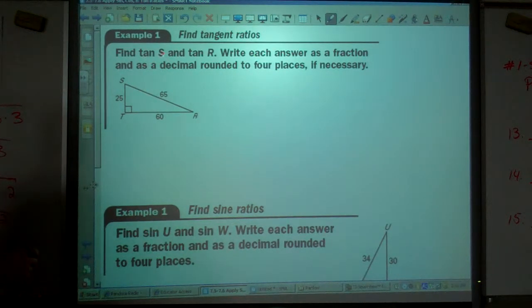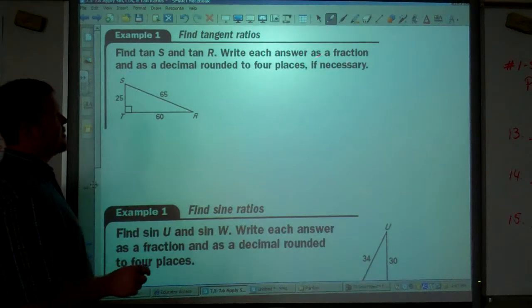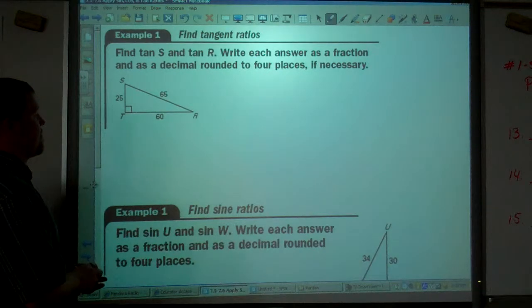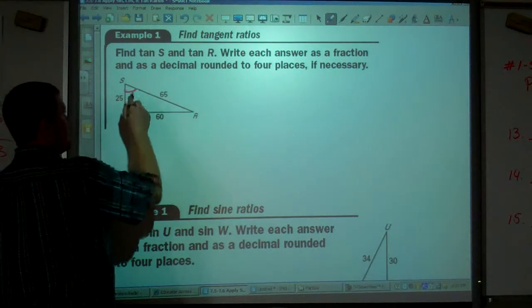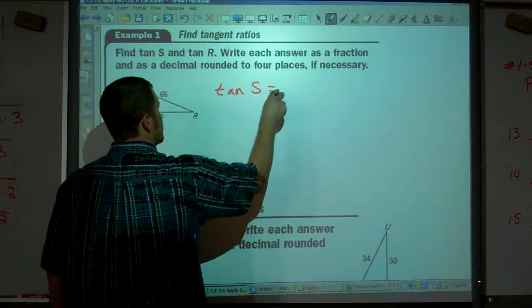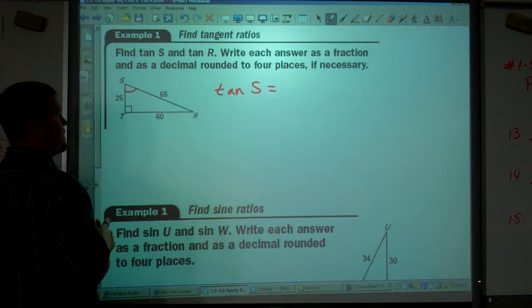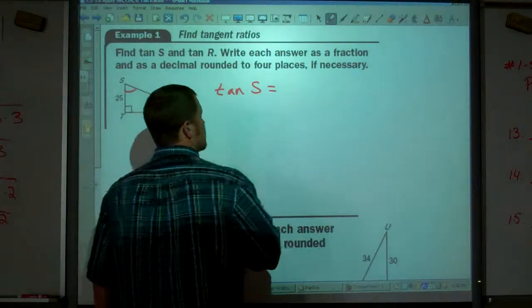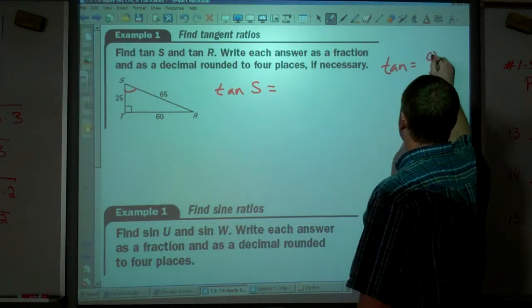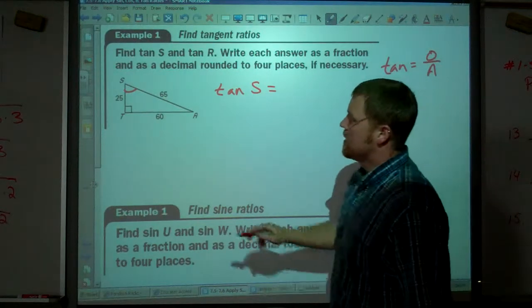Alright, find the tangent of angle S and the tangent of angle R. Write each answer as a fraction and as a decimal rounded to 4 places if necessary. We'll start with angle S. The tangent again is opposite over adjacent.